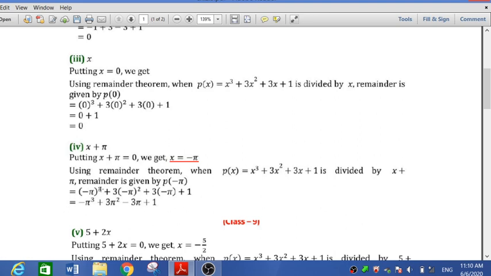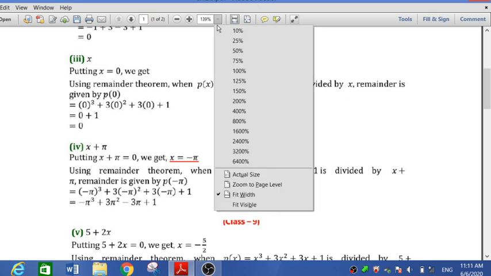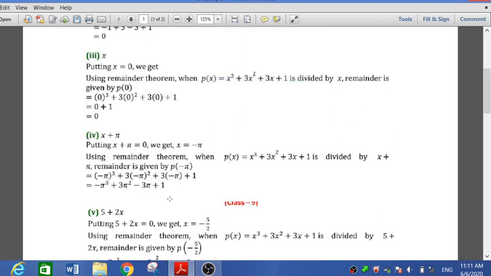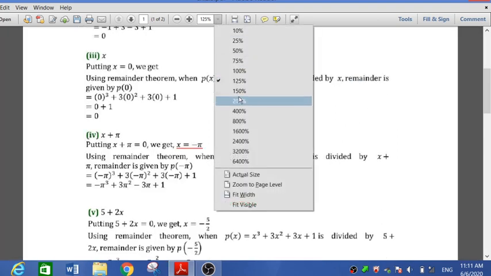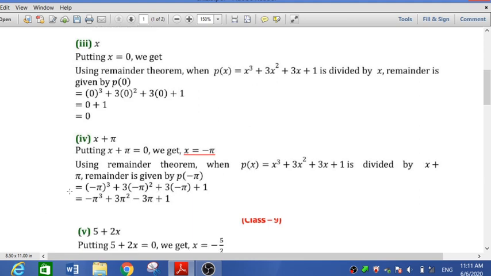So minus pi to the power 3, if you see properly, minus pi to the power 3. Again minus pi to the power 2; here the power is even, so the answer is positive.